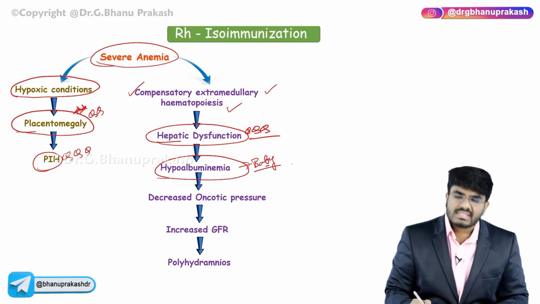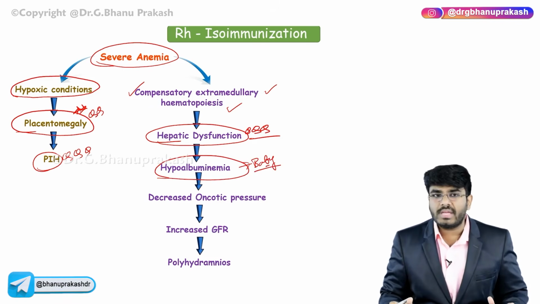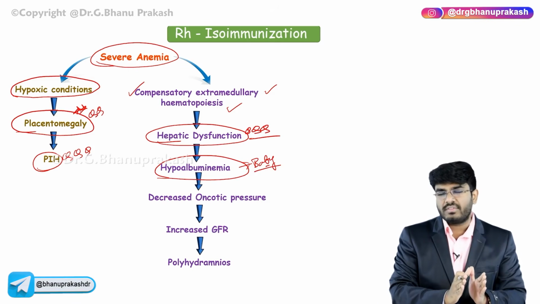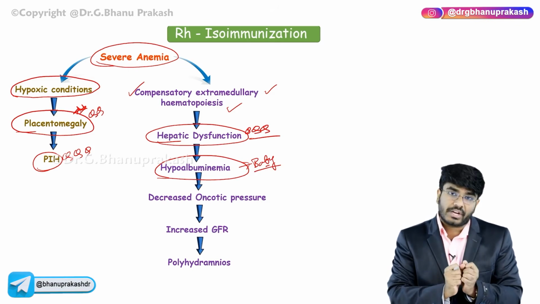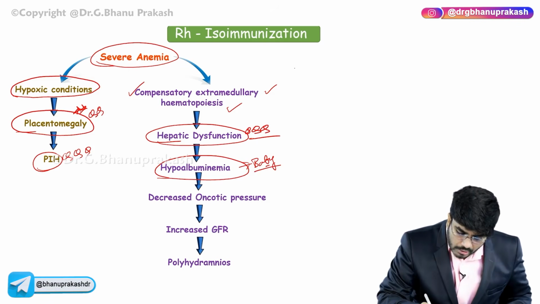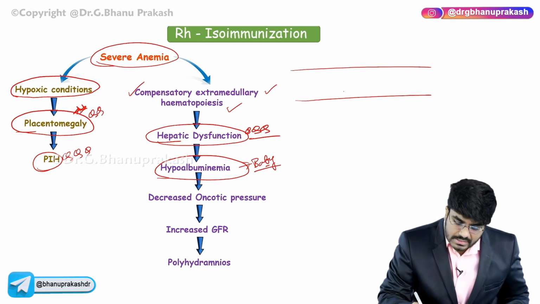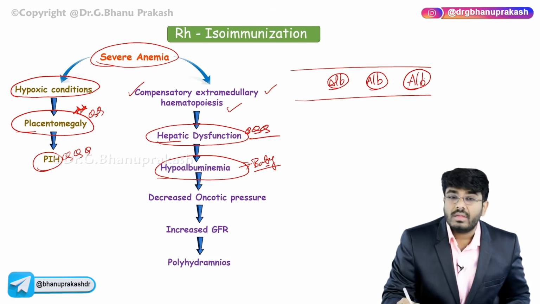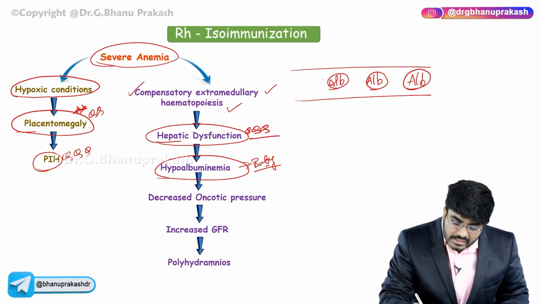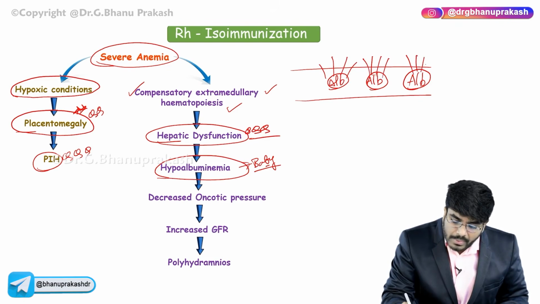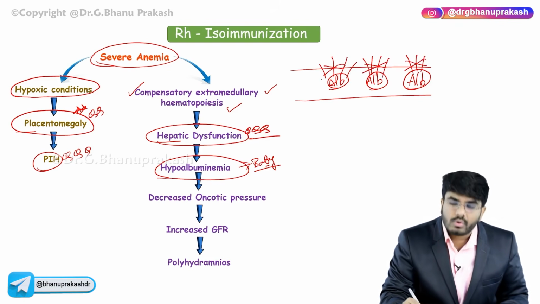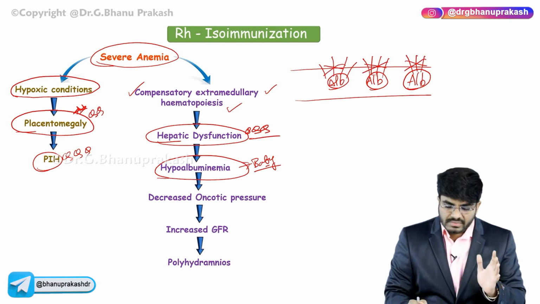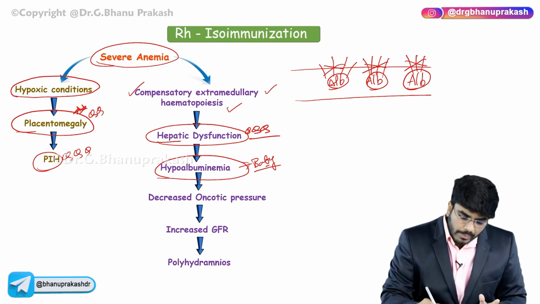Now, whenever there is hypoalbuminemia, we all know that albumin is responsible for osmotic pressure. Inside the blood vessels, there is albumin. Albumin helps in maintaining the osmotic pressure, which means it doesn't allow the plasma to leak out. So, in the baby, because of the hepatic dysfunction, albumin production is decreased.